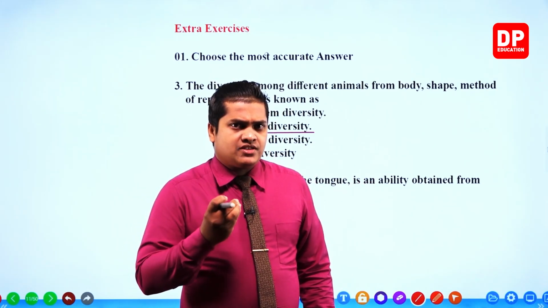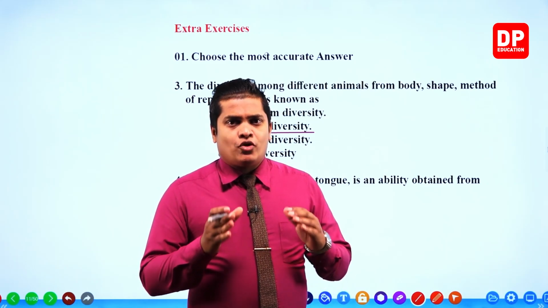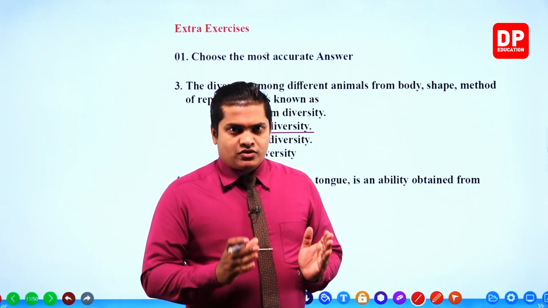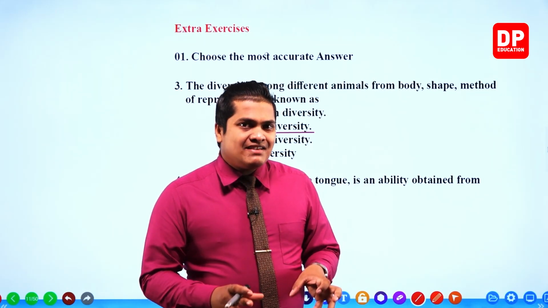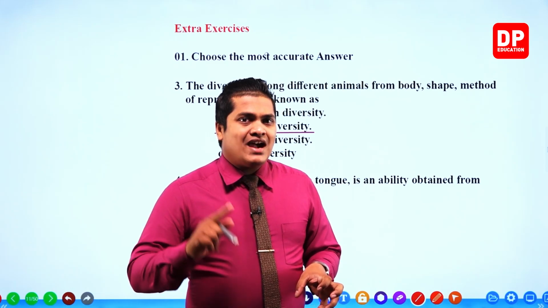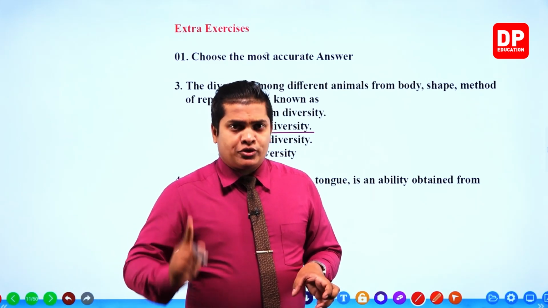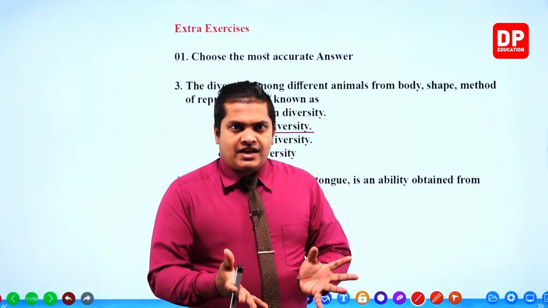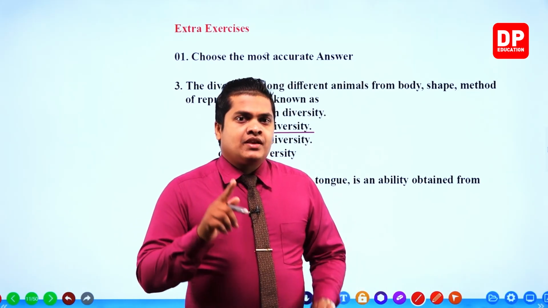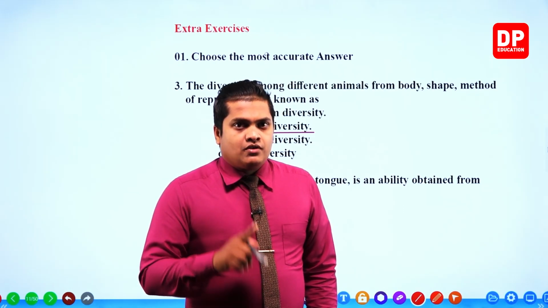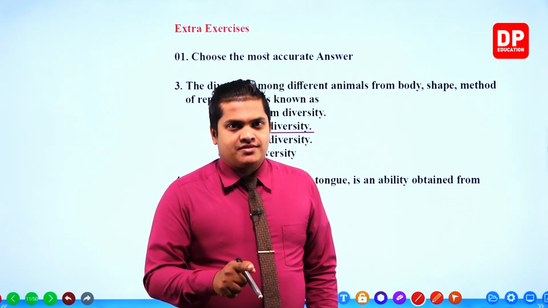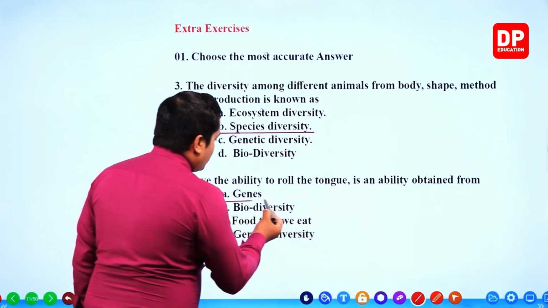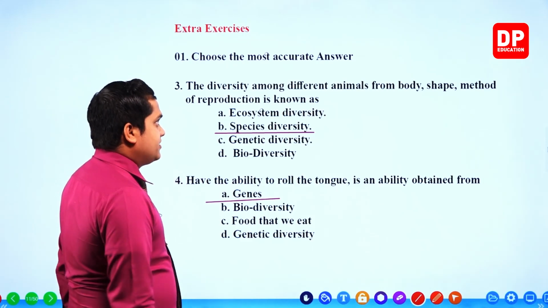This is some kind of special ability possessed by only some number of people who are living in our society. So we receive this ability from our ancestors, from our previous generations, my dear children. So that means it belongs to genetic diversity, we know that, but however, we receive these things from our genes, right? So the most accurate answer for this question would be genes.